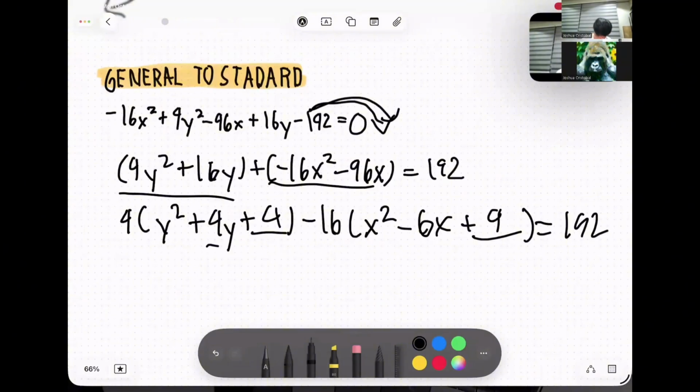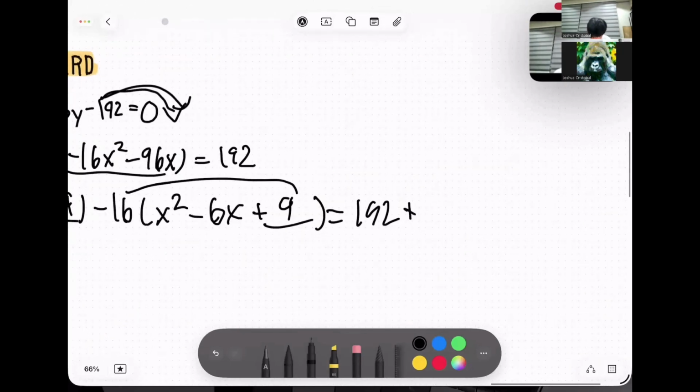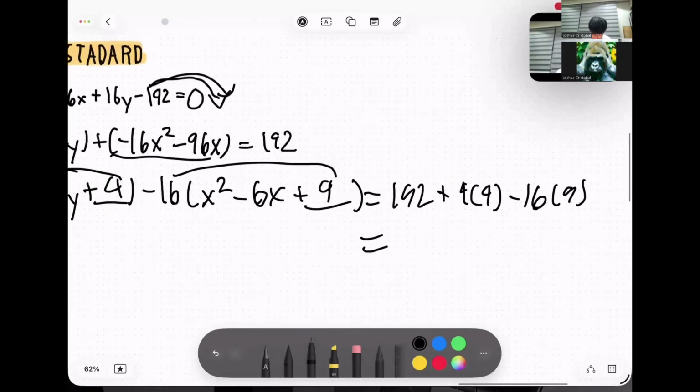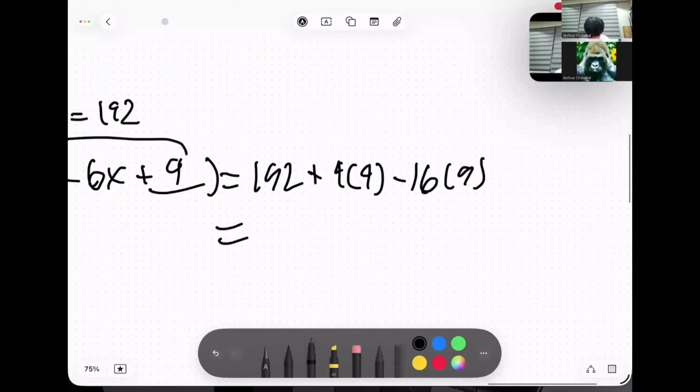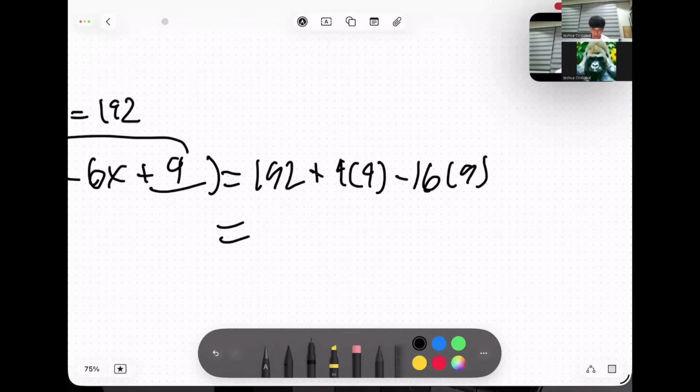And after this, we multiply this to this and this to this. So I'm going to write 4 multiplied by 4, then negative 16 multiplied by 9. That's going to be 16.